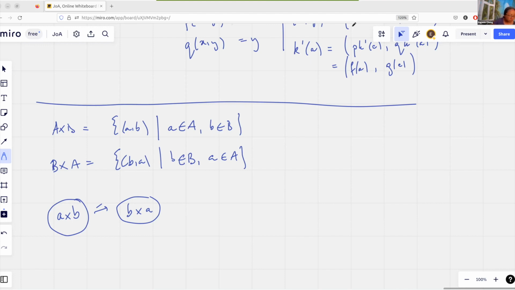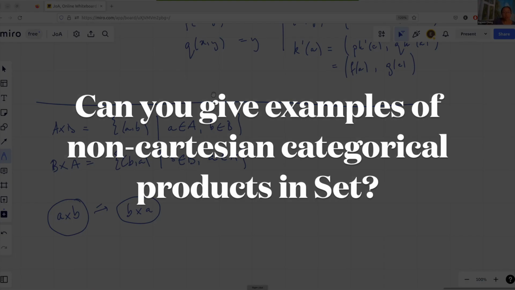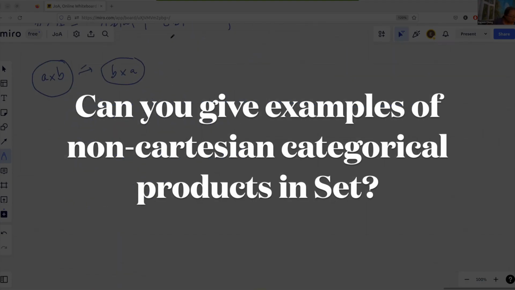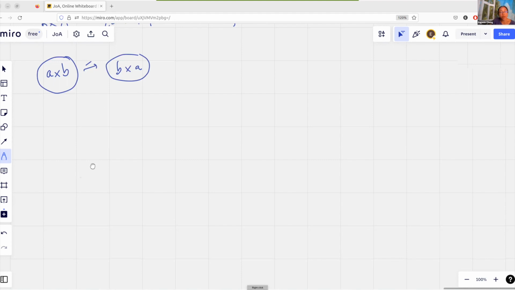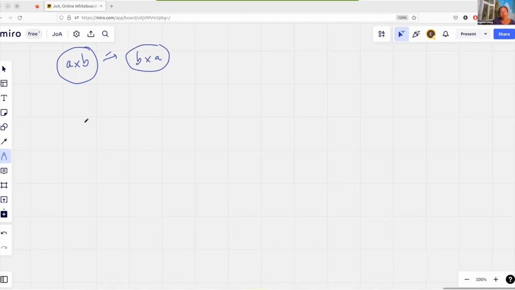The next question is, you write that Cartesian products are just one particular construction of categorical products in Set. Can you give examples of non-Cartesian categorical products in Set? Well, here's the thing, that in Set, all sets of the same cardinality are isomorphic.